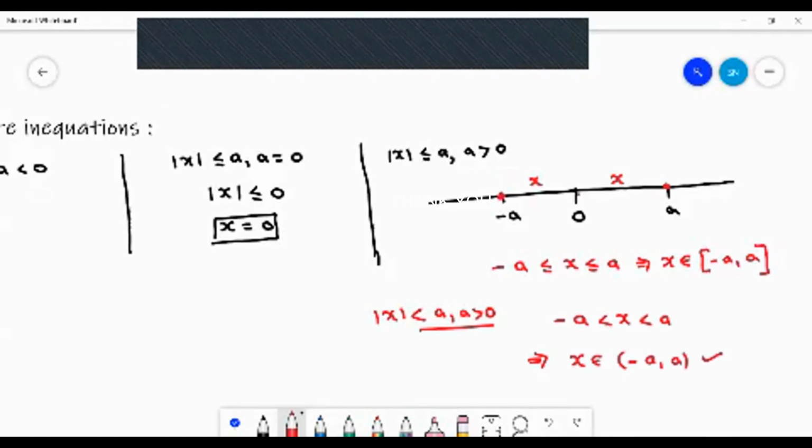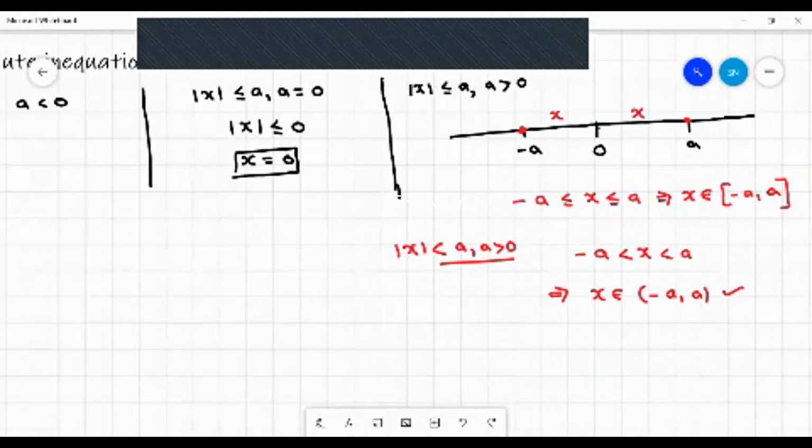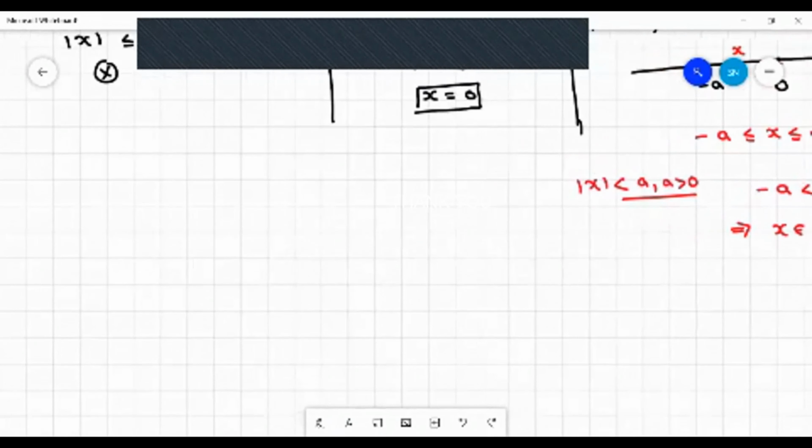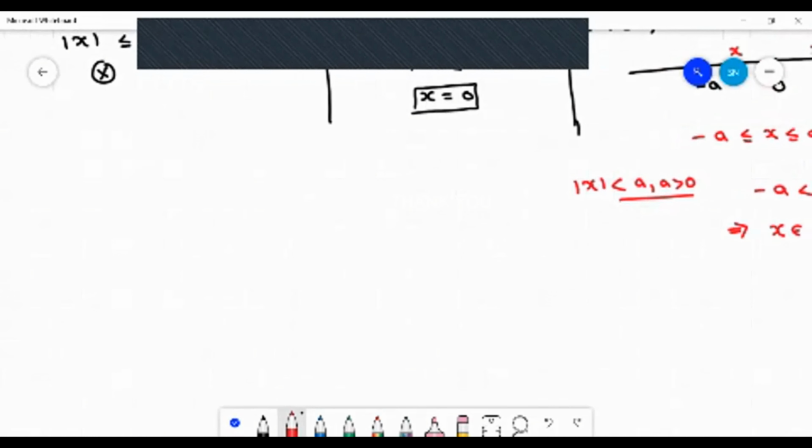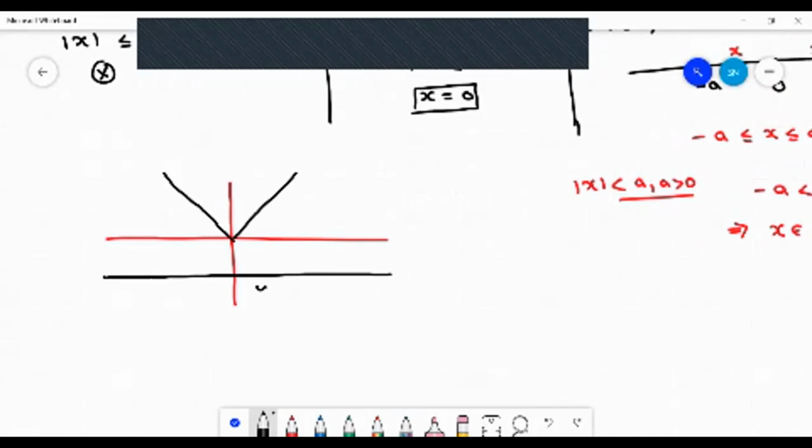If you want to see the same thing with respect to the graph, let us consider the graph. When you consider a graph of y equal to modulus of x. Suppose a is less than 0, then y equal to a.